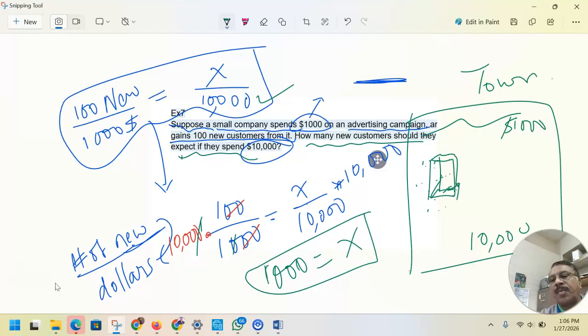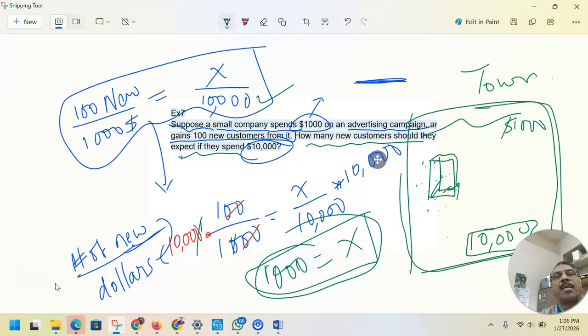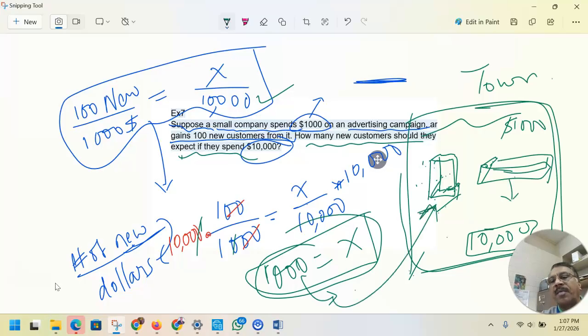Just because you spend $10,000, this will not let you get 1,000 additional customers, because there will be only a fixed number of people in this town who will be interested in buying maybe the refrigerator or a hot tub like this. There might not even be 1,000 customers to buy this, which may be very expensive.